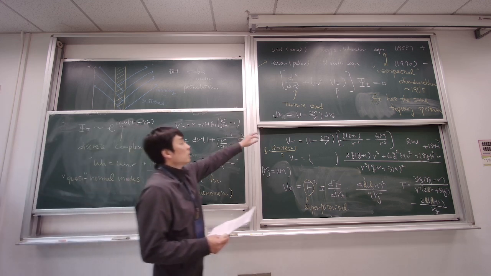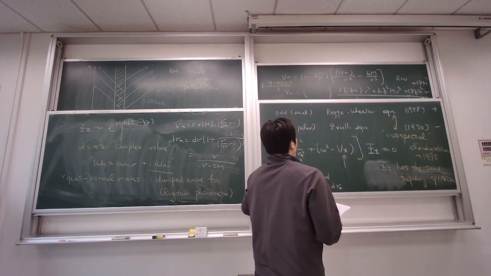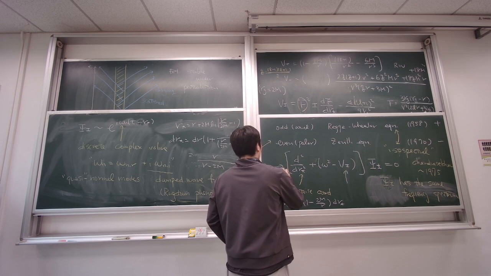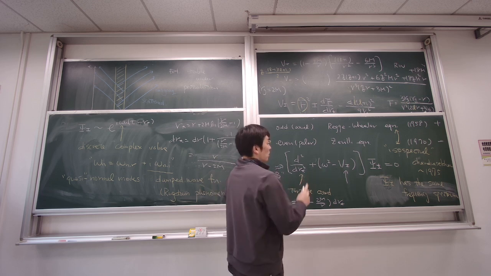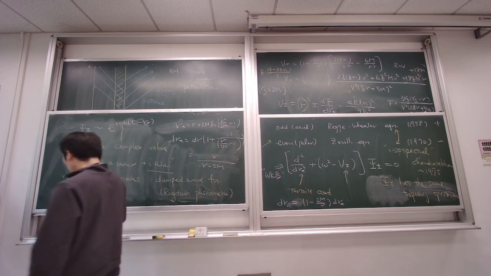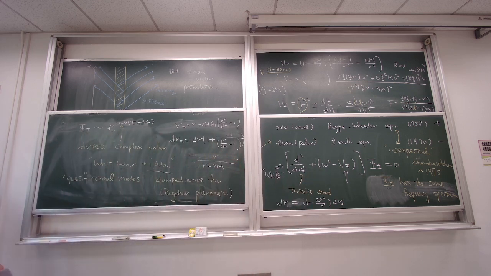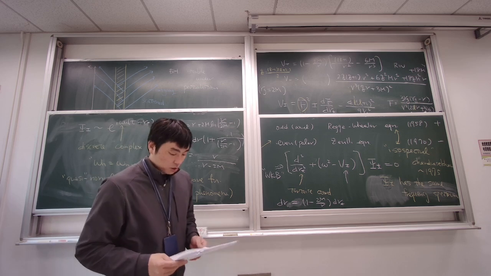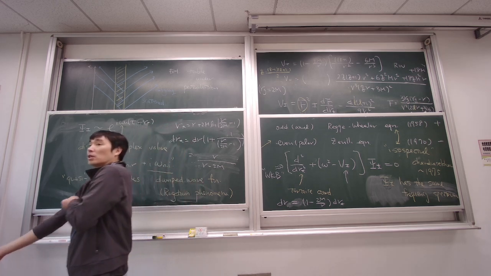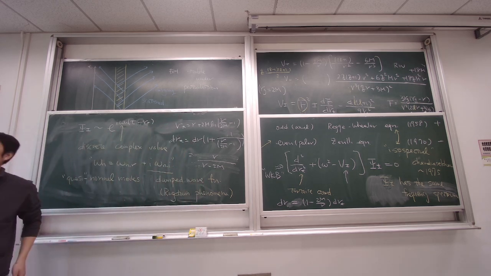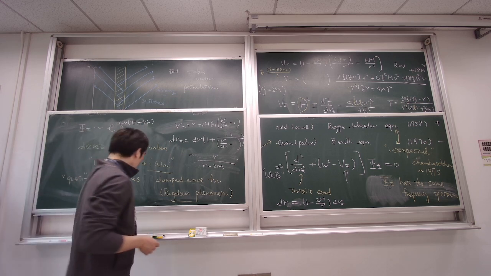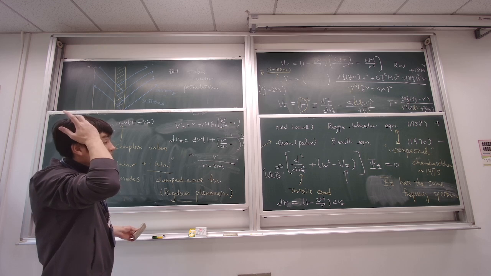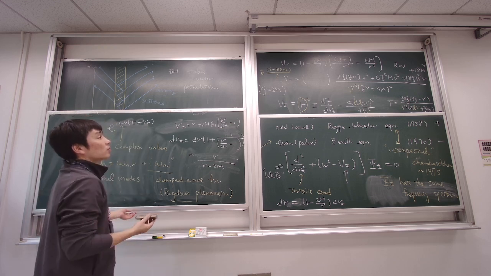We want to apply the WKB approximation onto this equation, and then show why this spectrum is discrete. That's what I'm going to show from now. And after that, I will move on to these slides.